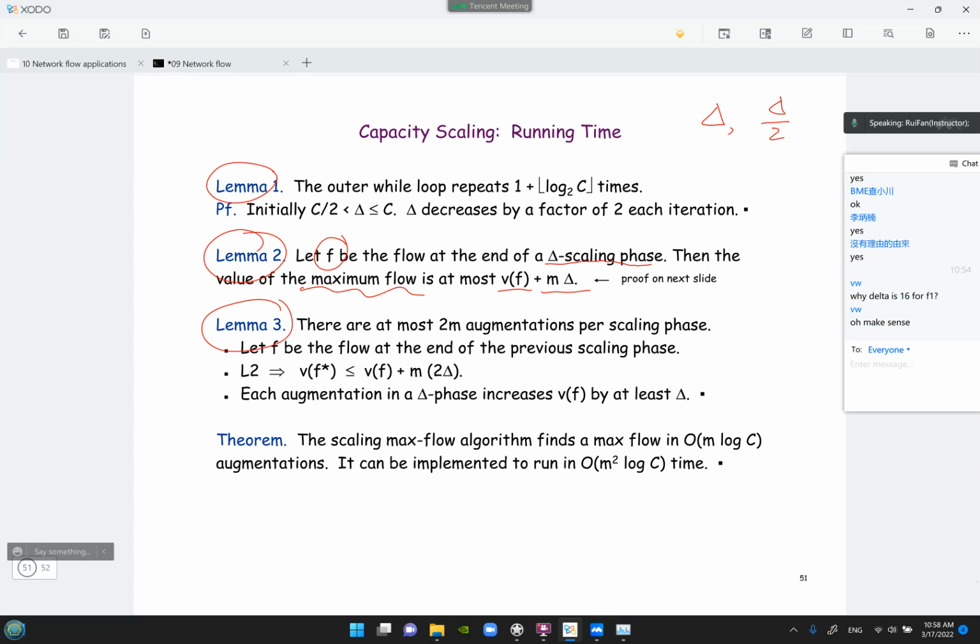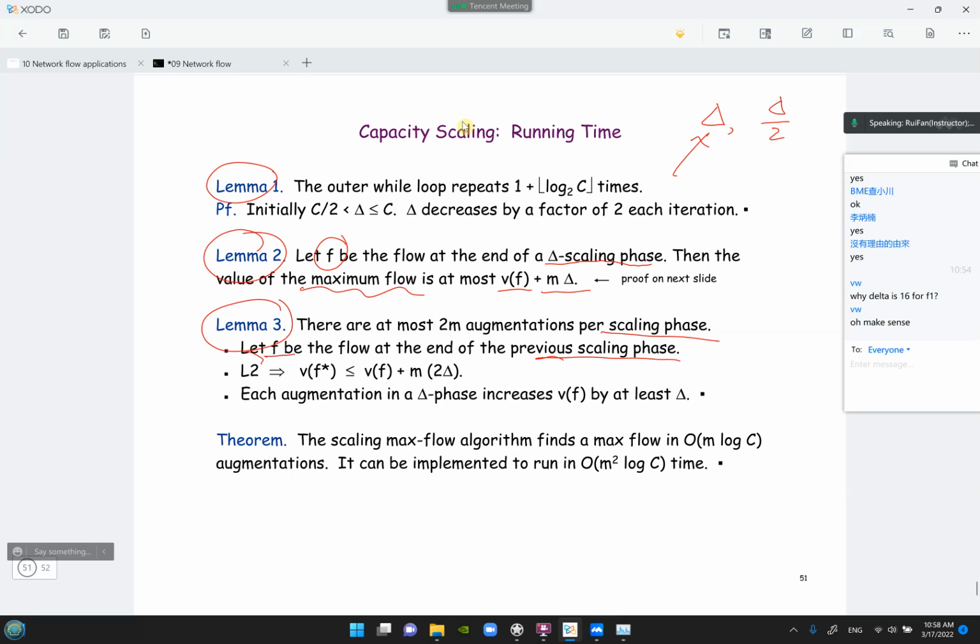But let's first look at lemma 3, which is that for each phase, for example this delta phase, you have at most 2 times m augmentations. The reason for this is that suppose you had a flow f from the previous scaling phase.